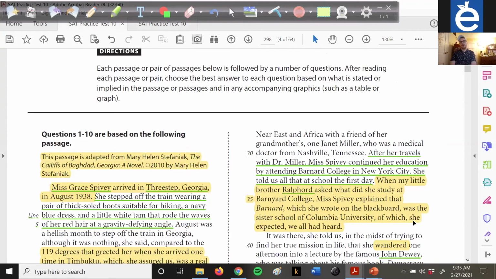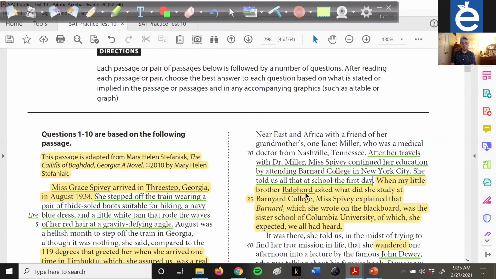"After her travels with Dr. Miller, Miss Spivey continued her education by attending Barnard College in New York. She told us all that at school the first day. When my little brother Ralford asked what did she study at Barnard College, Miss Spivey explained that Barnard, which she wrote on the blackboard, was the sister school of Columbia University, of which she expected we had all heard."